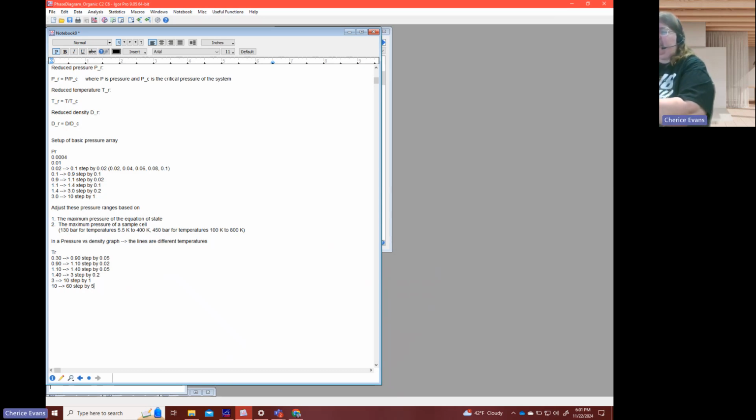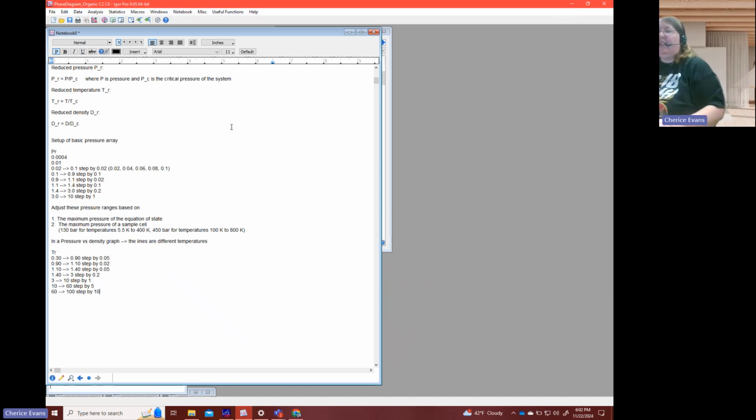But I'm only going to need that last group for really, really cold isotherms. Well, we'll go say 10 to 100, step by 10. How about that? There we go. I'm only going to need to do that last step for really, really cold isotherms. And if I want to be really specific, let's do it this way: 60, step by 5, and then 60 to 100, step by 10.